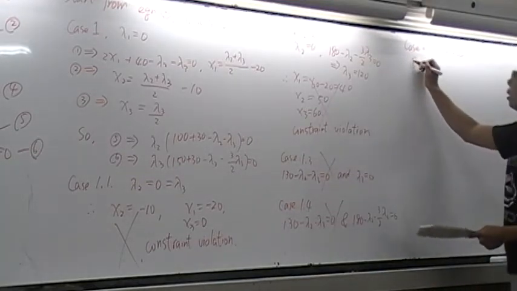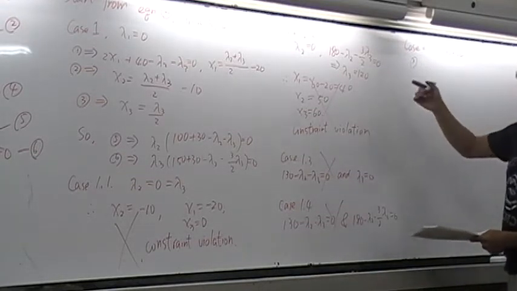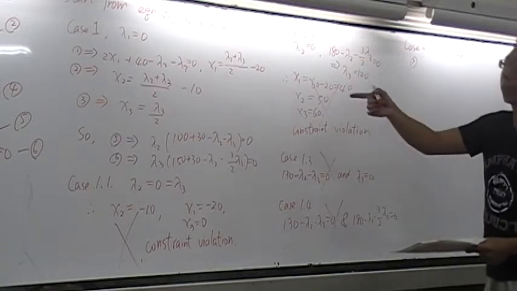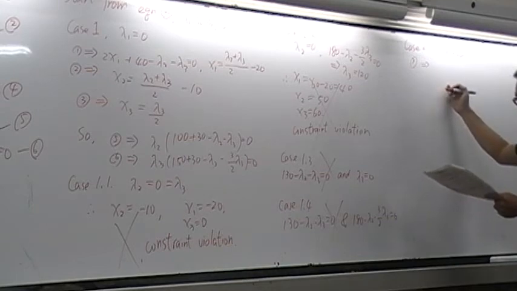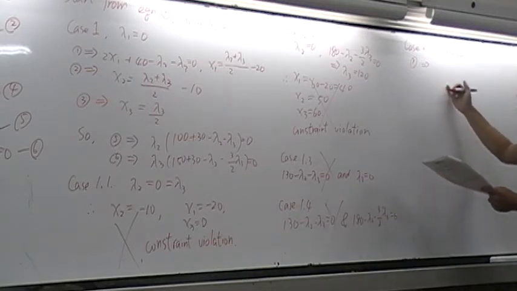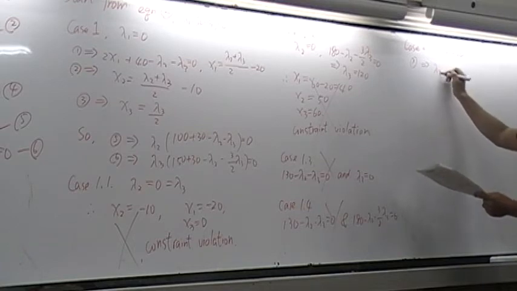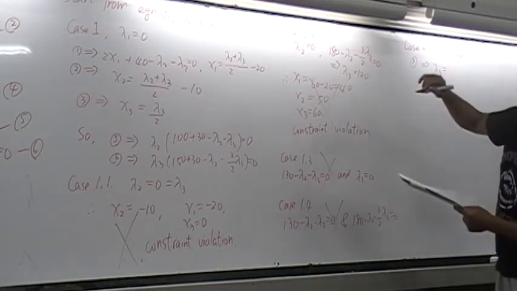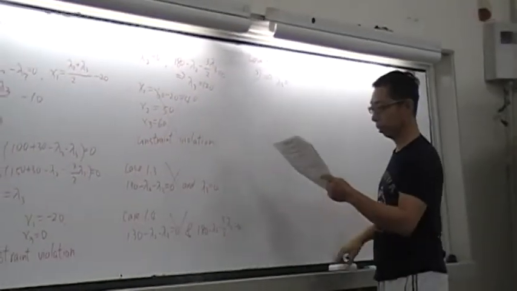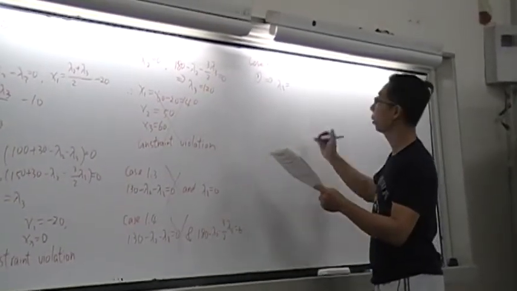From that, if we directly look at equation 3, we see that lambda 3 equals 2x3.